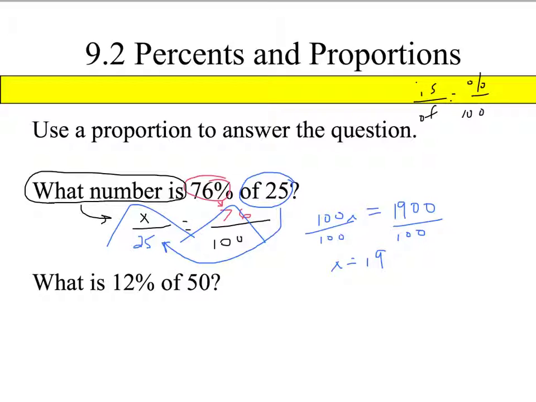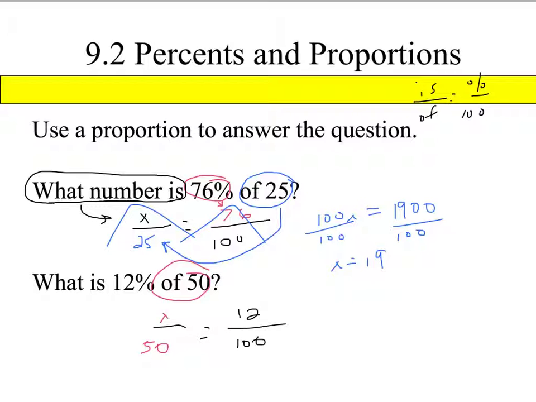All right, so the question says, what is 12% of 50? Again, I have my proportion. I automatically know what my percentage is. It is 12 because it's 12%. My of is attached with the 50, so I know my 50 is my of. Then it says what is, that's my x.